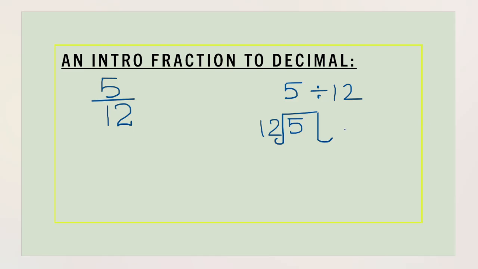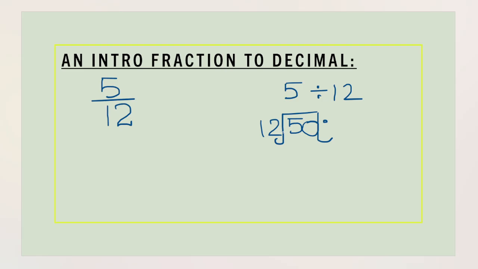So 12 divided by 5, 5 is of course way smaller than 12. Applying a decimal, you get a free zero. Concept remains the same. Do not get scared or intimidated. There is a 2 digit divisor outside, there is a 1 digit dividend. Nothing new will happen.